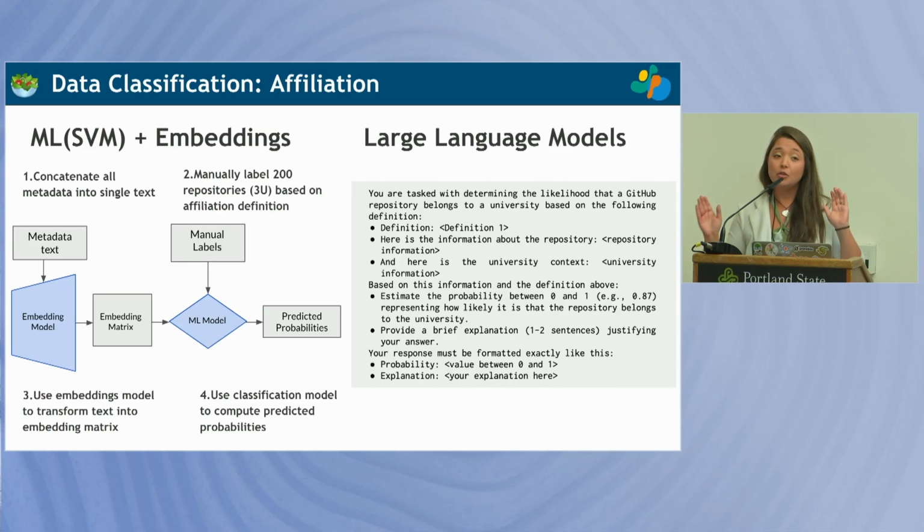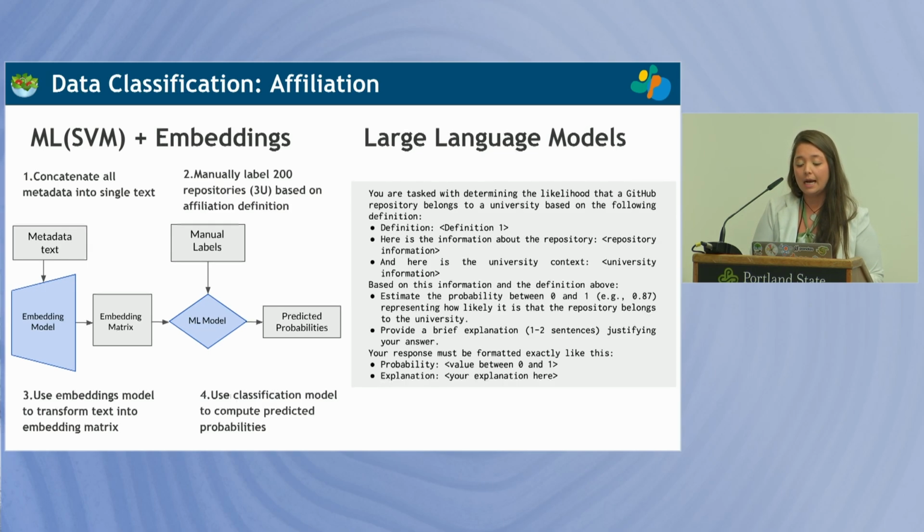Method number 2 was just using large language models. I used specifically the models like GPT-4o and GPT-3.5 from OpenAI. And in the prompt, I asked the model to compute the likelihood that a repository belongs or not to a university.